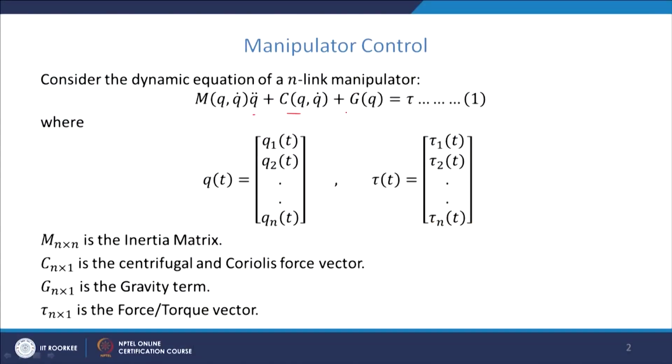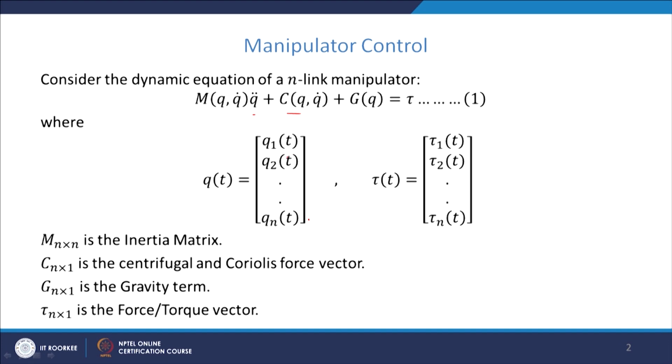M(q) q double dot plus C(q, q dot) q dot plus g(q) equal to tau, where q is the vector containing all the joint variables q1, q2, up to qn. Some of them may be revolute joints, some of them may be prismatic.